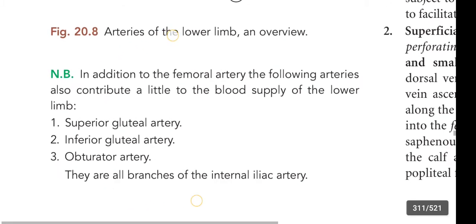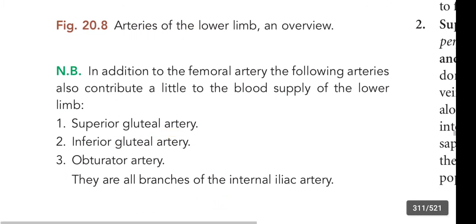Coming to the note, in addition to the femoral artery, the following arteries also contribute a little to the blood supply of the lower limb: superior gluteal artery, inferior gluteal artery, and obturator artery.